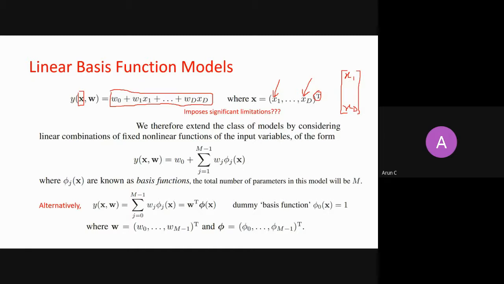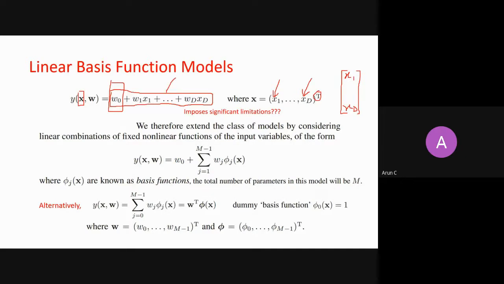So if there is an input vector of d dimension, then you take a linear combination of all the dimensions along with the coefficients. You just put one separate coefficient w0, where x is not available, just to take care of the bias, right? In general, these have some restrictions.